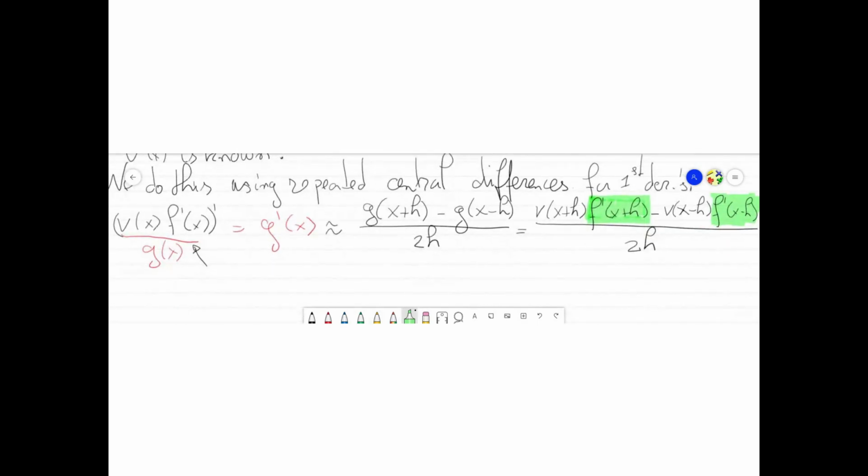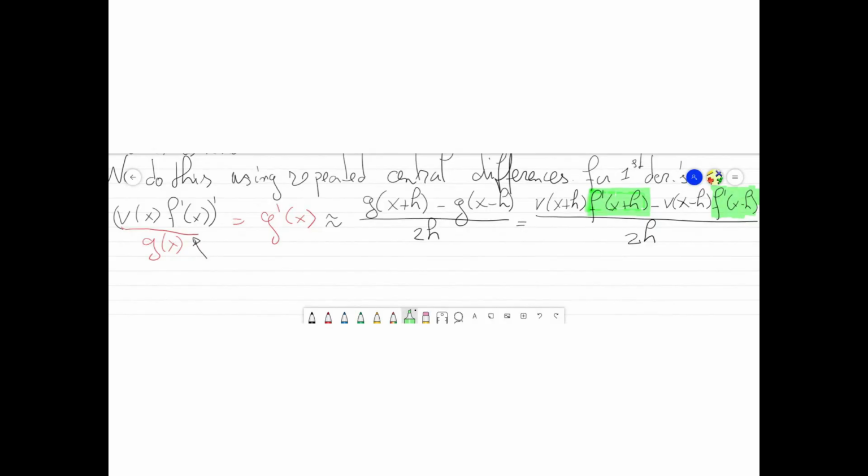So let's scroll up a little bit. So then I can do another approximation. I can say this is approximately v at x plus h times some approximation. So let's do a central difference again, 2h. And it's central, so I need x plus h plus a step, so I get f at x plus 2h minus f, one step less, so it's x.